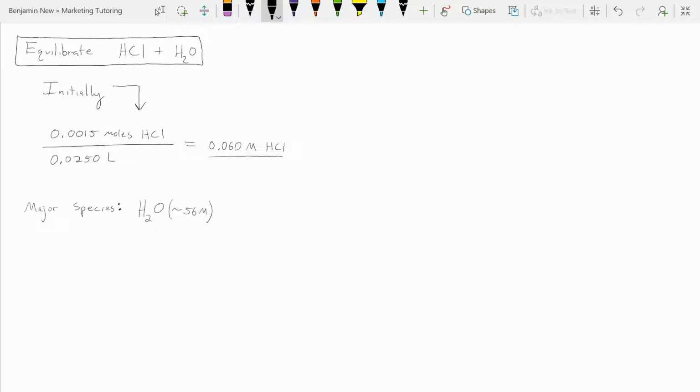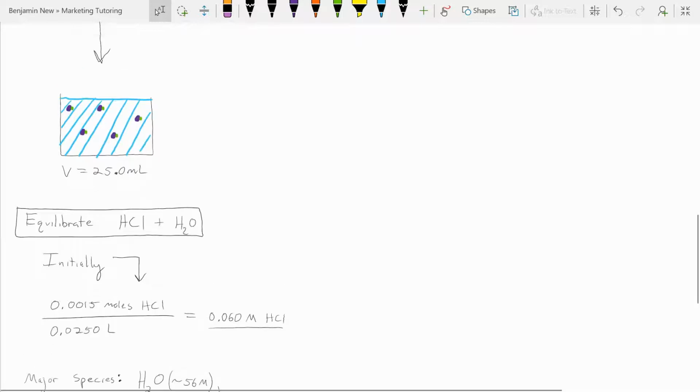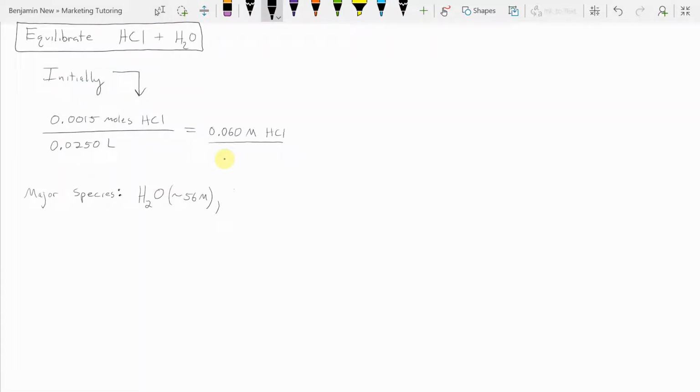Convert grams to moles and you get the molarity. So I encourage you to do that if you haven't done that yet for determining the molarity of pure liquid water. The other component that's in the majority is going to be HCl, and its concentration is 0.060. That's what we just calculated above.